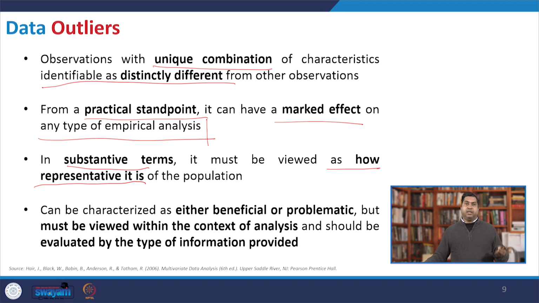Then you either keep it in your analysis, or you consider them as outliers and go ahead with the remaining data set. It can be characterized as either beneficial or problematic, but must be viewed within the context of analysis and evaluated by the type of information provided.